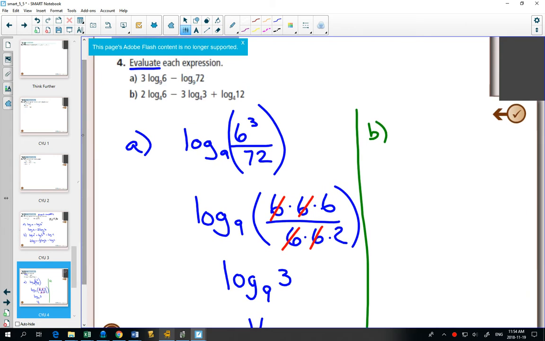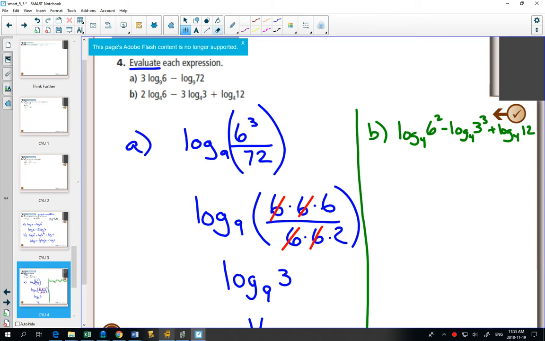For part B, again, I would go through and have log base 4 of 6 squared minus log base 4, oops, log base 4 of 3 cubed plus log base 4 of 12.